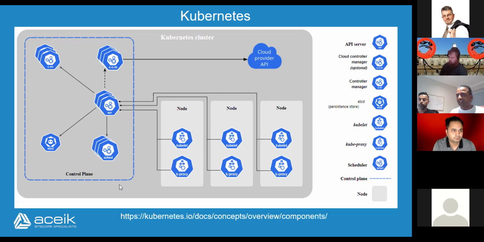And then you have the scheduler, which is responsible for taking those configuration files and performing the deployment onto a particular node. The node is the thing that runs your applications inside of a pod.